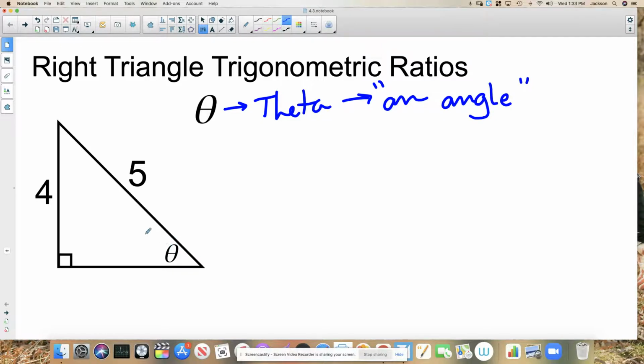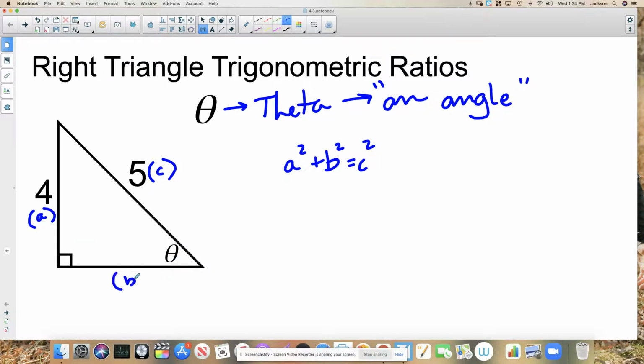The other thing, when we start talking about right triangle trigonometry, if you're in pre-calculus, you've been through geometry, you should be very well steeped in the Pythagorean Theorem, which we all know: a squared plus b squared equals c squared. When we look at this right triangle in particular, a and b are the legs and c is the hypotenuse. So if we call this side c, you could call this side a. We wouldn't call it side theta, because theta is almost always used as an angle, not a side length.